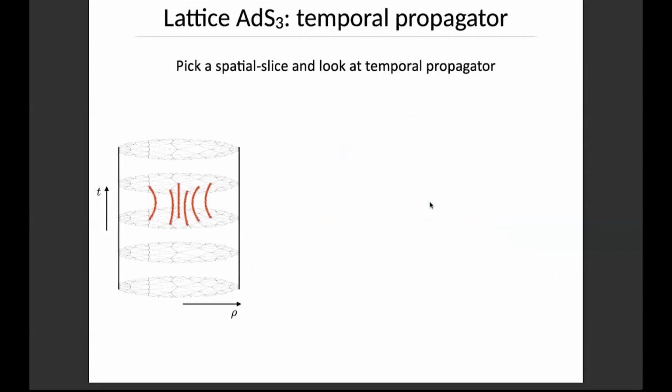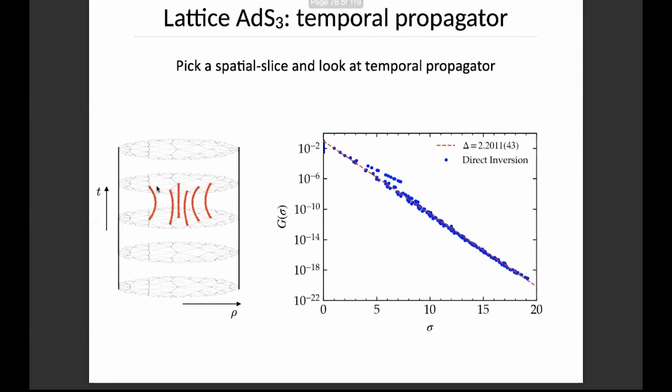Of course, now since we have this other direction, we could pick a spatial slice and then look at the temporal propagator, meaning we just take the same spatial point and look at its propagator to itself in time. So we also expect that to be delta equals 2. And if we do that with a direct inversion here, we get this fit right here. So around 2.2.